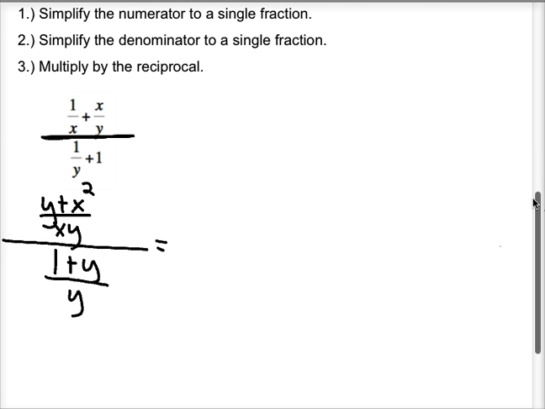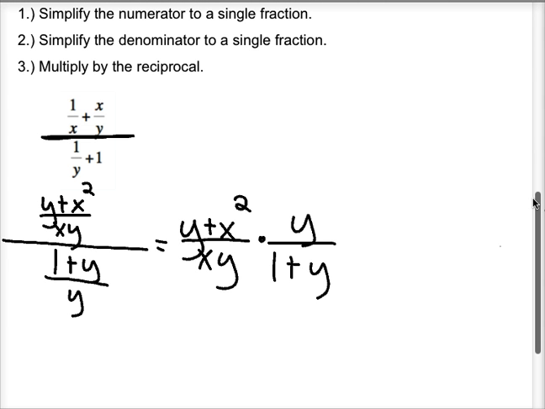So I'm going to multiply by the reciprocal of the second one, because that's how we divide rational expressions. So times the reciprocal of the second one. I'm going to put my parentheses around there.